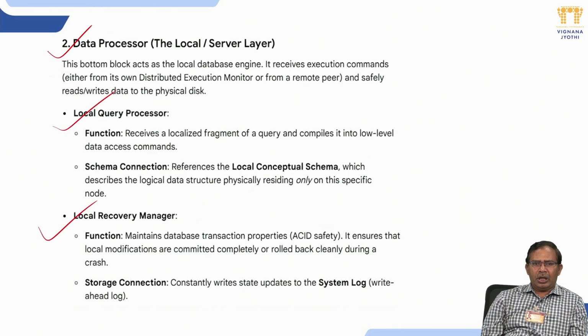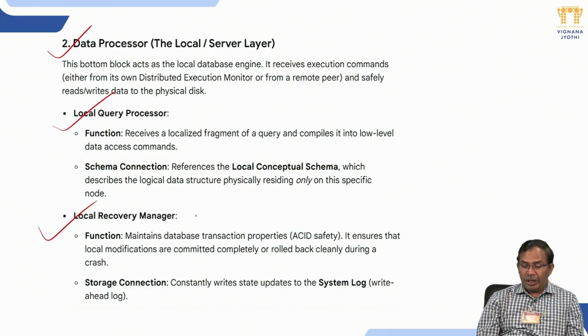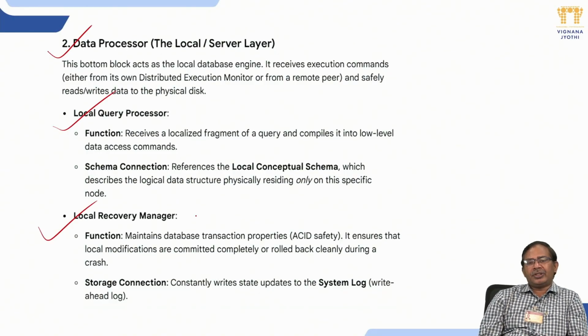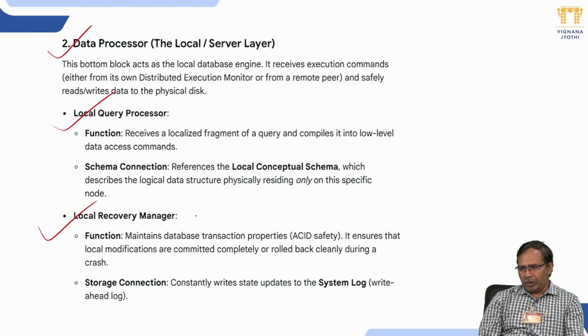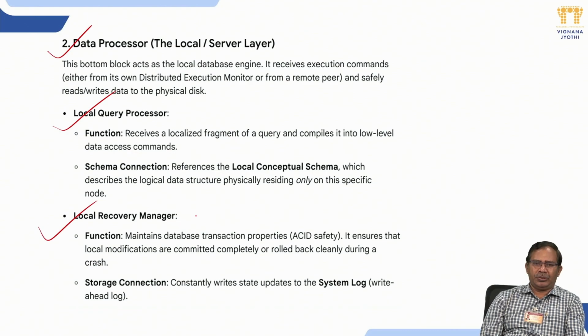So the local query processor receives the localized fragment of the query and compiles it into local data access commands. This is the brain of the system here. It receives the query, thinks how to execute this query, and how to provide the best response to the end user.